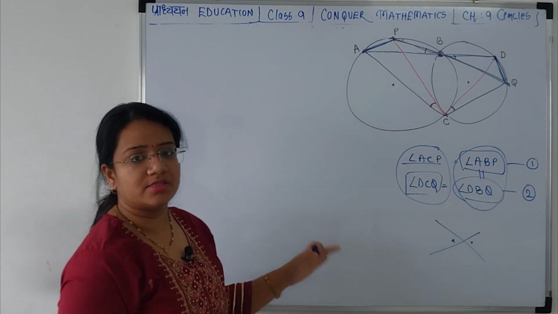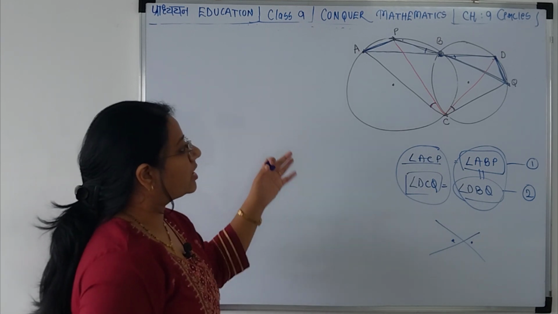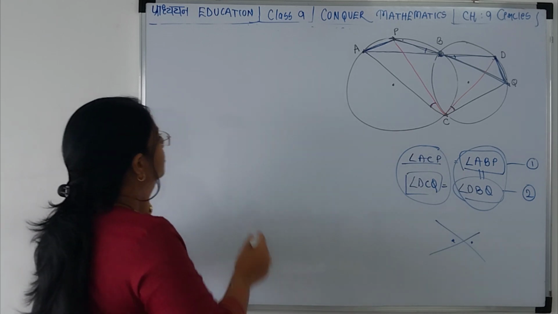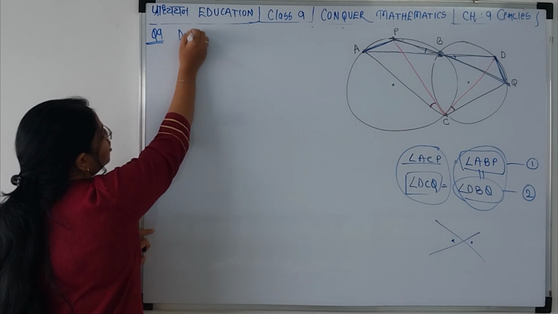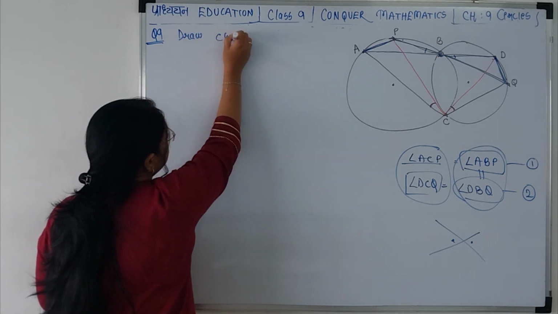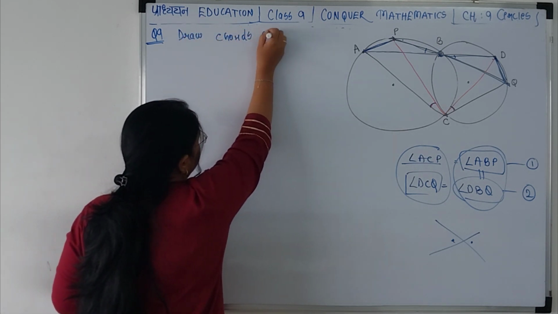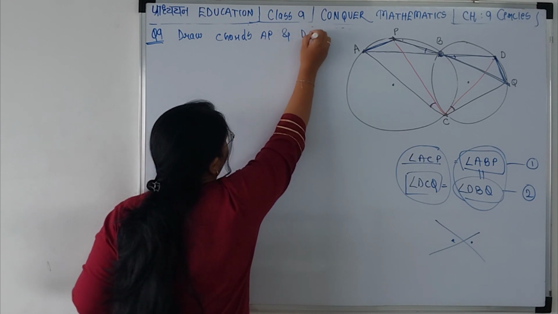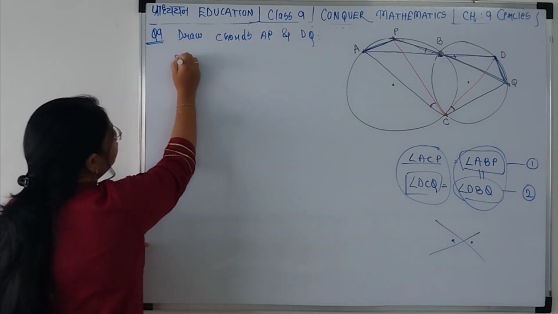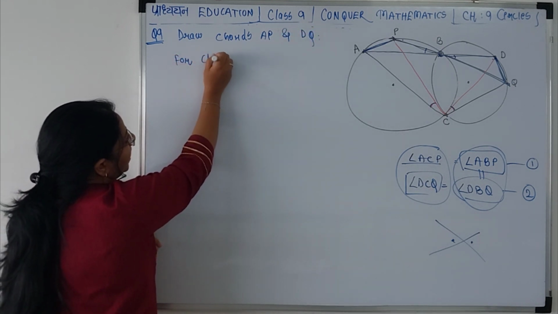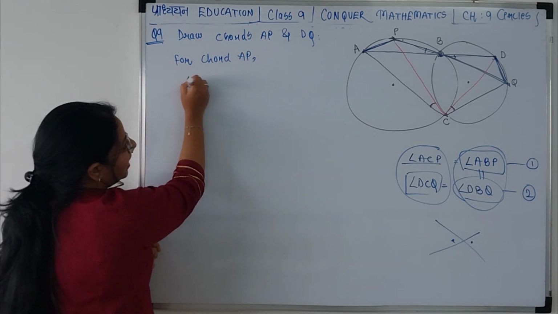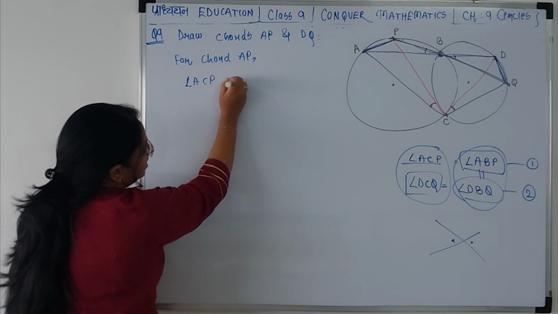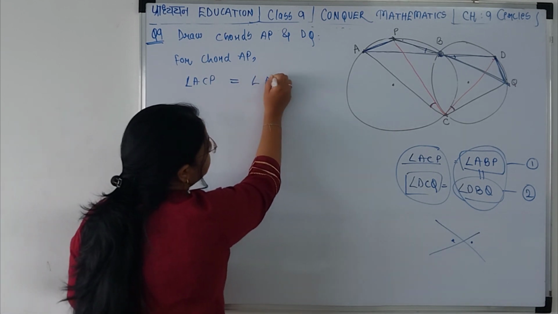Let's quickly write this down. It's not difficult to write down, but let's understand how you can do it. We will start with saying कि draw chords AP and BQ. Now for chord AP, angle ACP is equal to angle ABP.